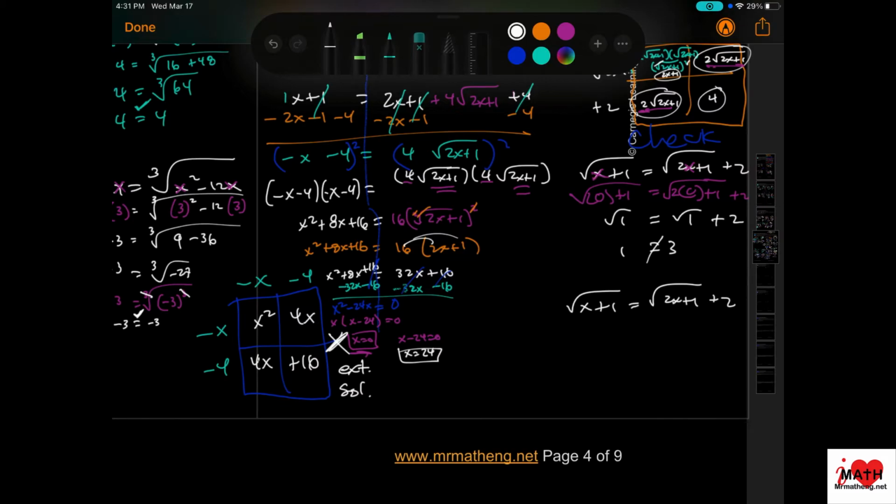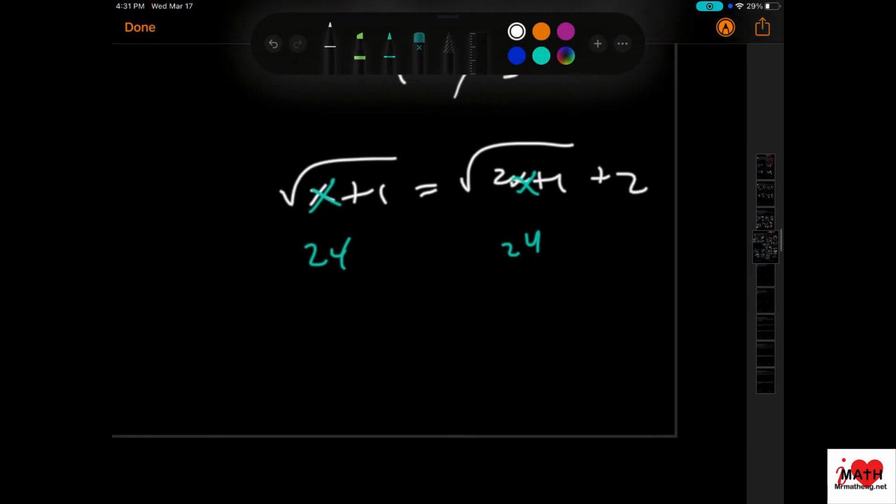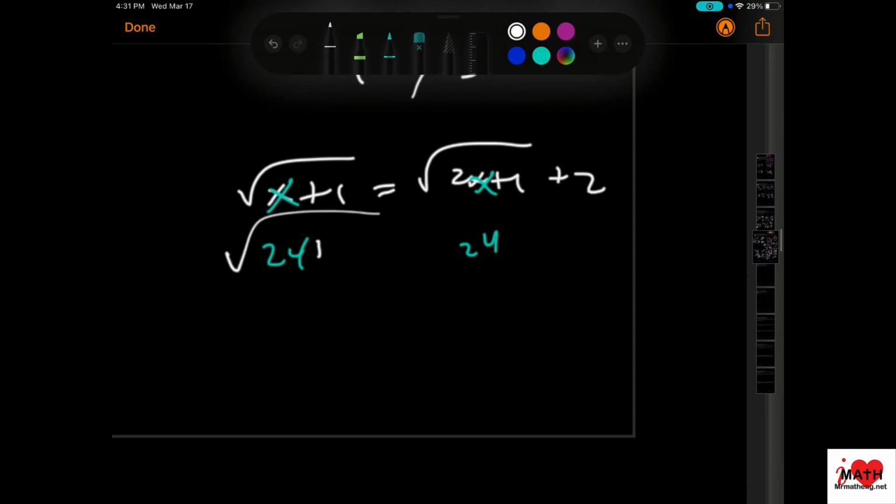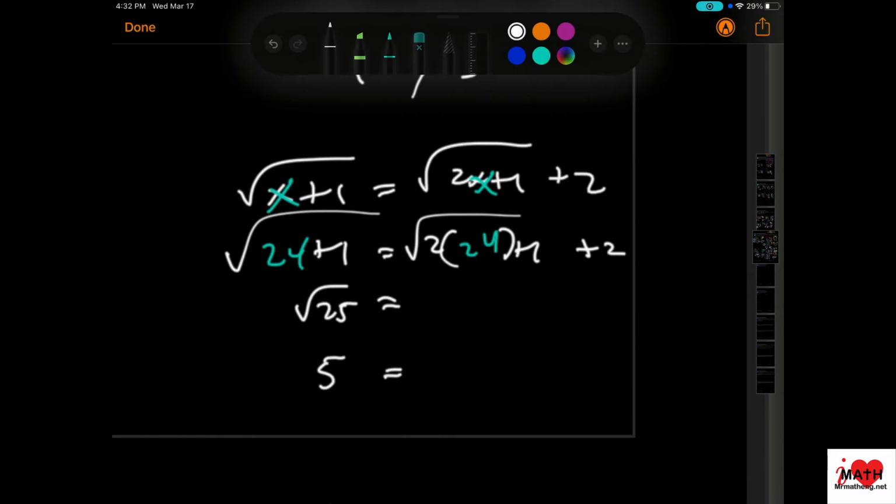Let's try the other one. X equals 24. All right. Square root 24 plus 1. So 24 plus 1 is 25. Square root 25 is 5. 2 times 24 is 48. 48 plus 1 is 49.